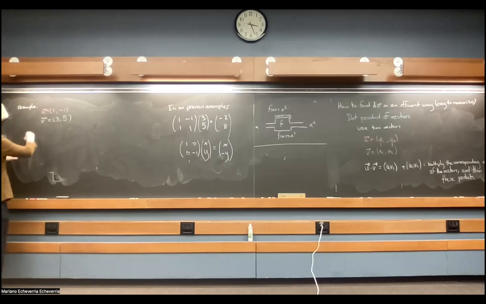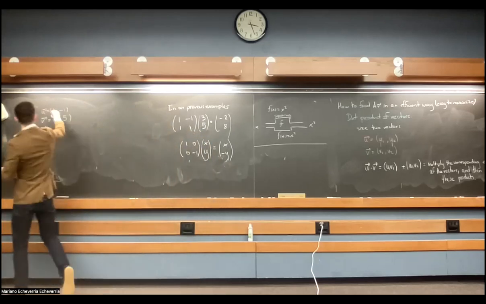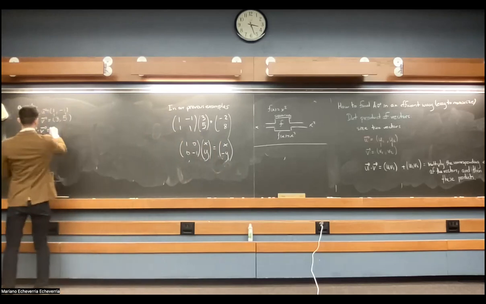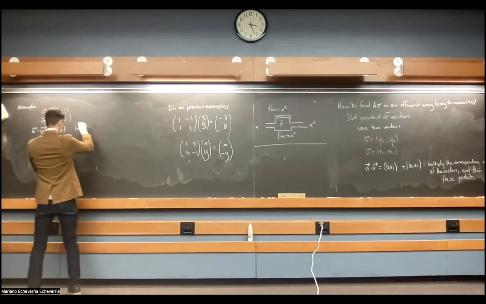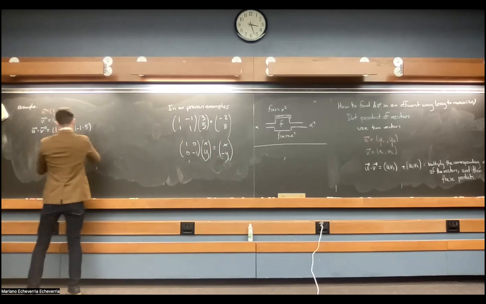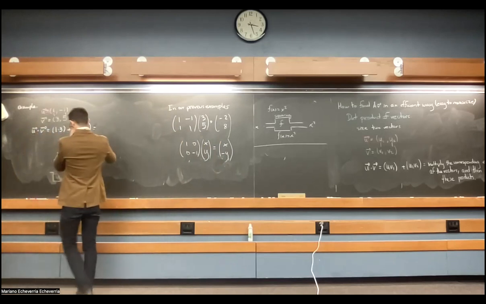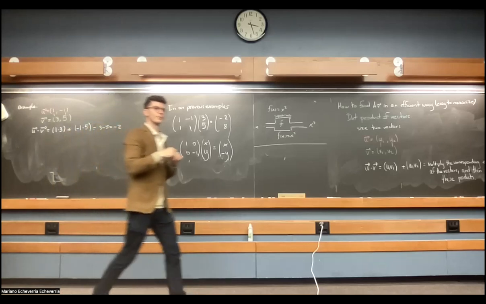So what is u dot v? Again, first with first, that's 1 times 3. Second with second is -1 times 5. And then you add them together. So this gives you 3 minus 5, and this gives you -2.